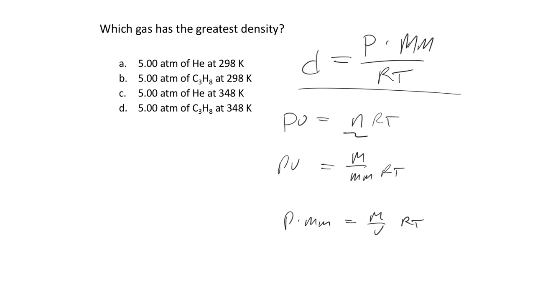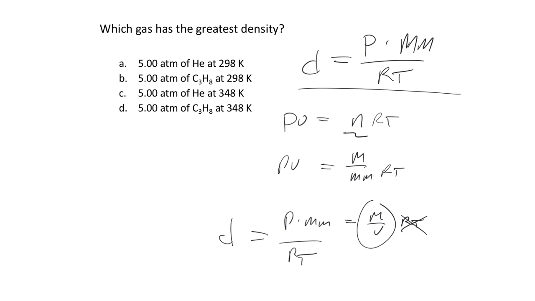And then if I divide both sides by RT, I then have density equal to pressure times molar mass over RT. So I think I can get to this equation relatively easily if I had to, just from the idea of ideal gas, from what molar mass and mass give us relative to moles, and then just thinking about what density is, mass over volume, and rearranging.